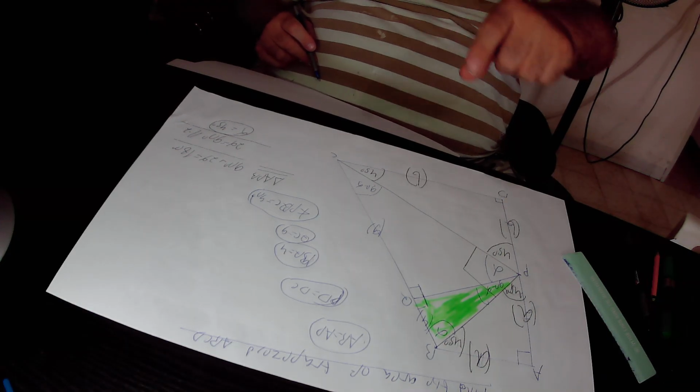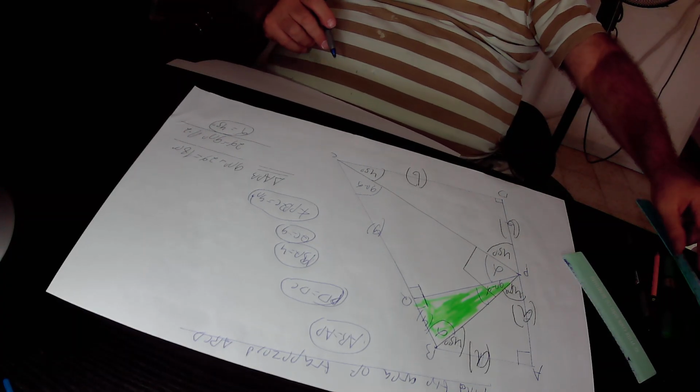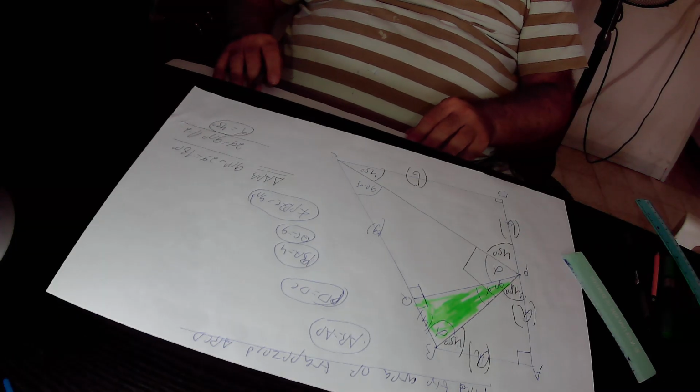So, from the fact that those two right triangles are similar to each other, we derive that the following relationship exists between their sides.